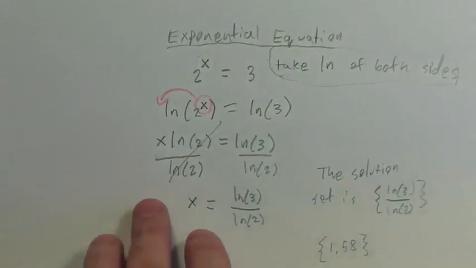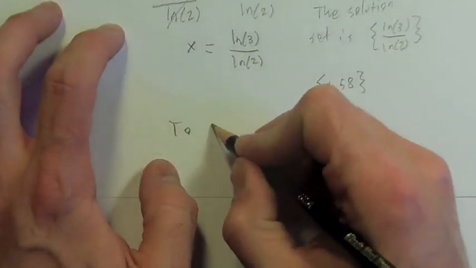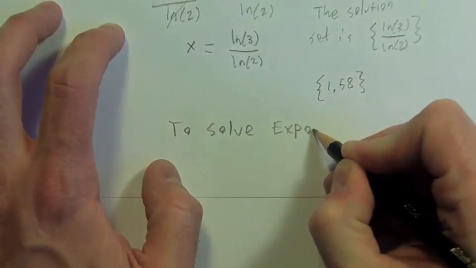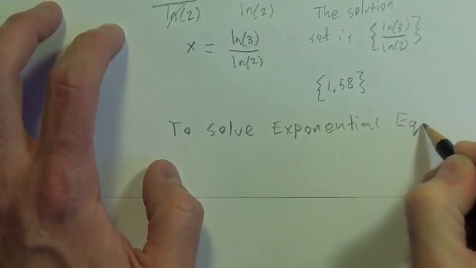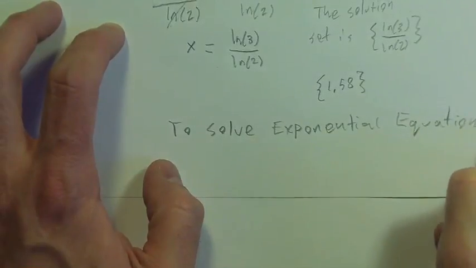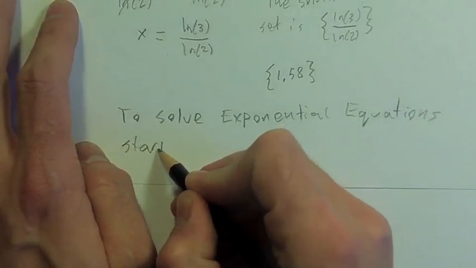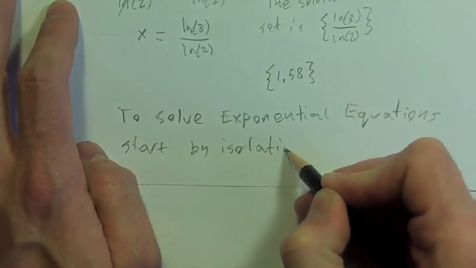So to solve equations with x's in the exponent, also called exponential equations, you're going to start by isolating the weird thing, right? That's always our first step.